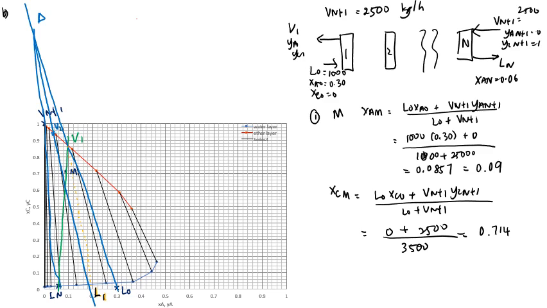Then after V2, you also approximate another tie line crossing V2 based on the tie lines beside it. So okay, that gives you L2 because V2 will be in equilibrium with L2. Then after you got L2, you connect L2 with the operating point to give you V3.